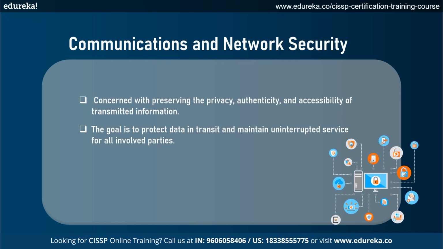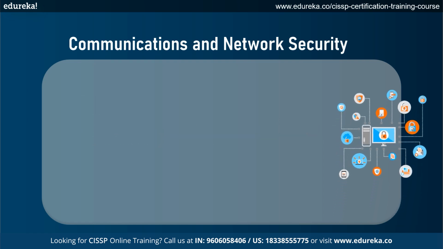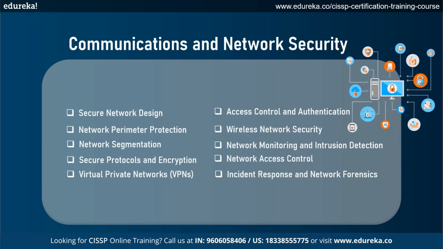The key components of communication and network security include secure network design, network perimeter protection, network segmentation, secure protocols and encryption, virtual private networks, access control and authentication, wireless network security, network monitoring and intrusion detection, network access control, incident response, and network forensics.